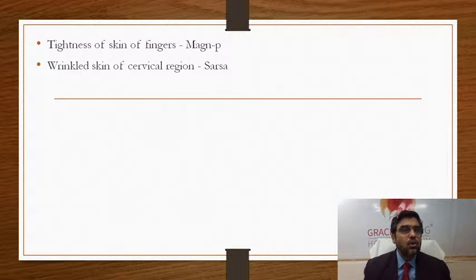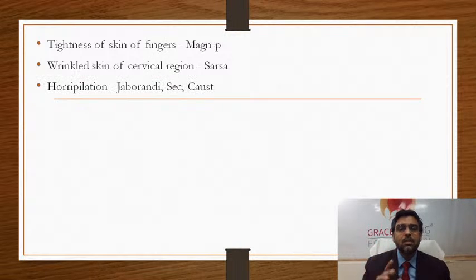Next, I told you about horripilation, no? Goose flesh skin. Always remember these three remedies: jaborandi, secale cornutum, and stict. So, my dear friend, if you have not read jaborandi, please do think about jaborandi. I have got very fantastic results with jaborandi.